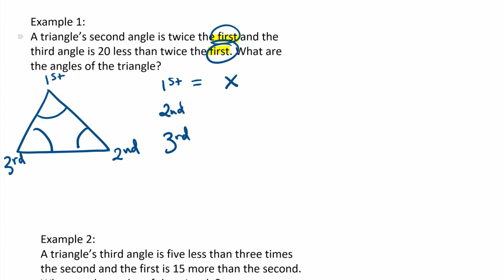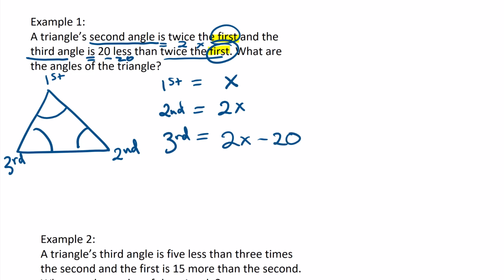The second angle equals 2 times the first, so 2x. And the third angle equals 20 less than twice the first. So we're going to have 2 times the first minus 20 for the third angle.